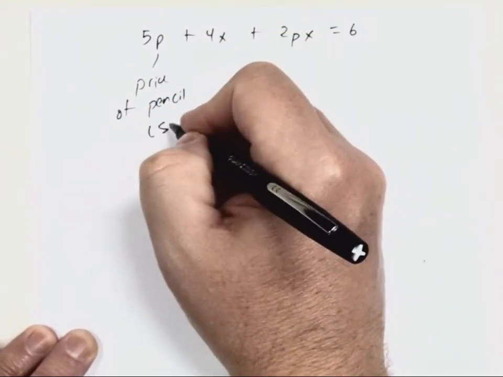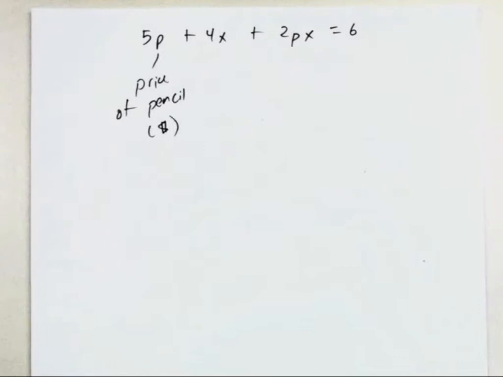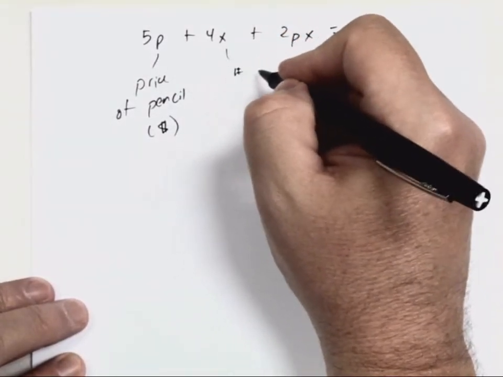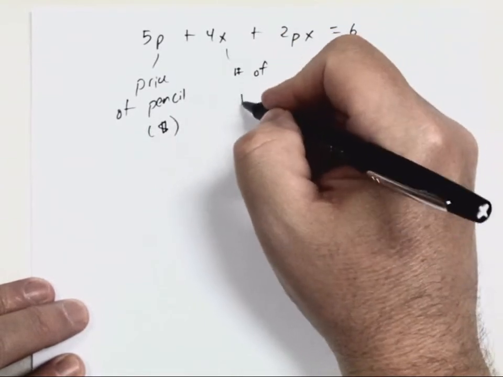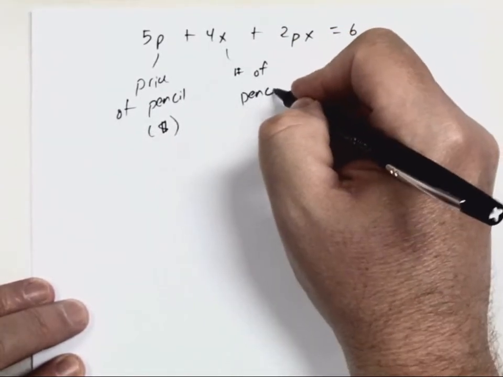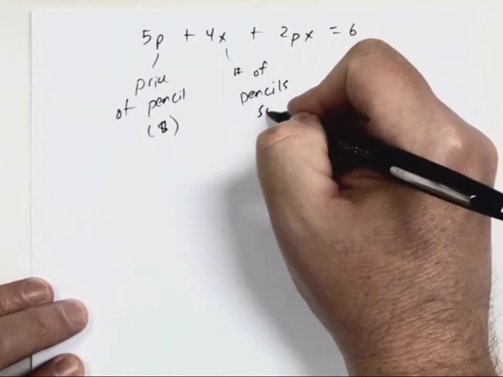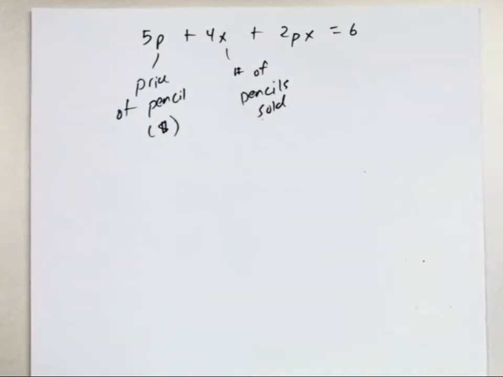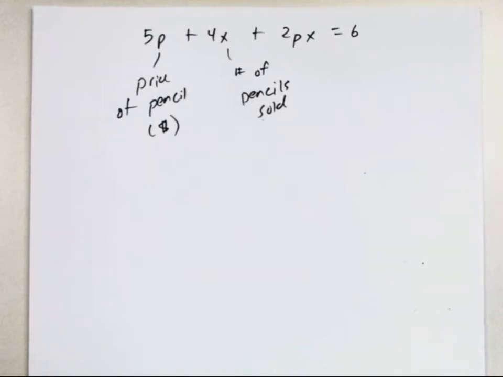So P is the price of the pencil in dollars, and X is the number of pencils sold. So basically, they're saying they have this equation that tells you how P and X are related.